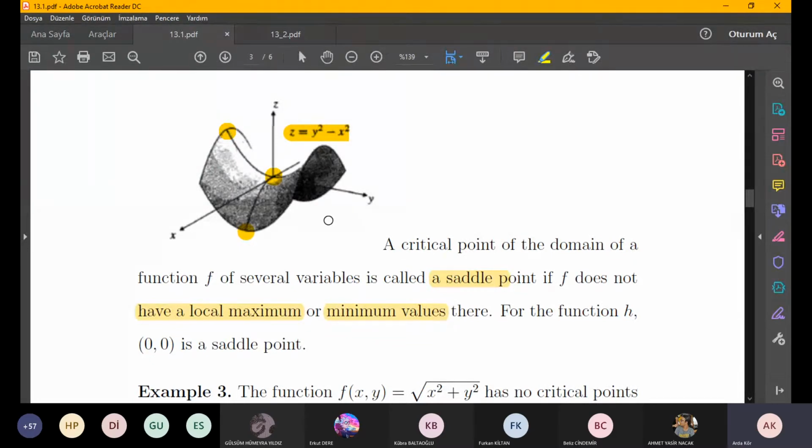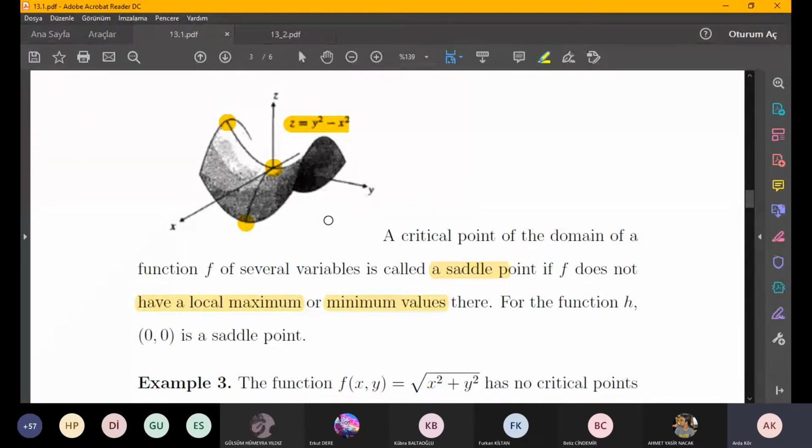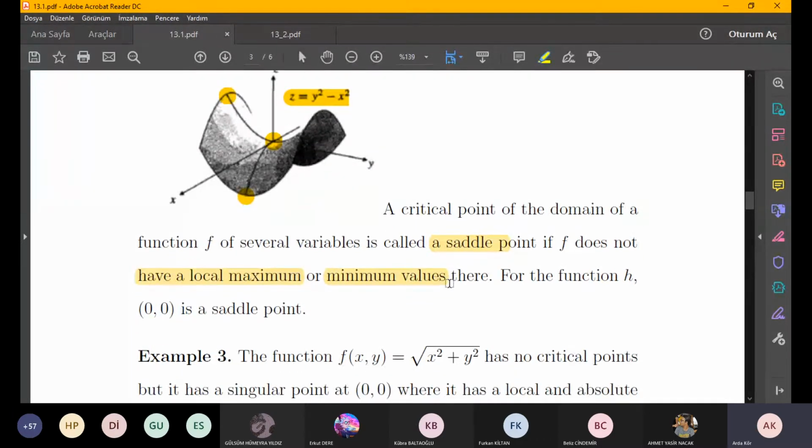So that is why we will call that critical point the saddle point of the function.